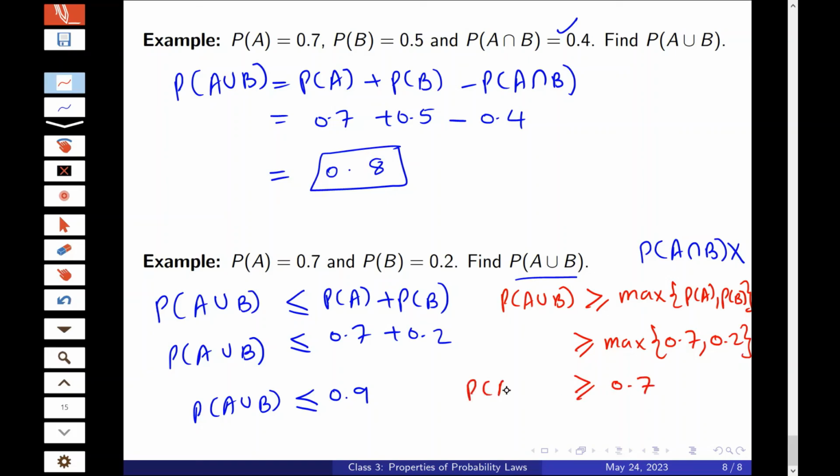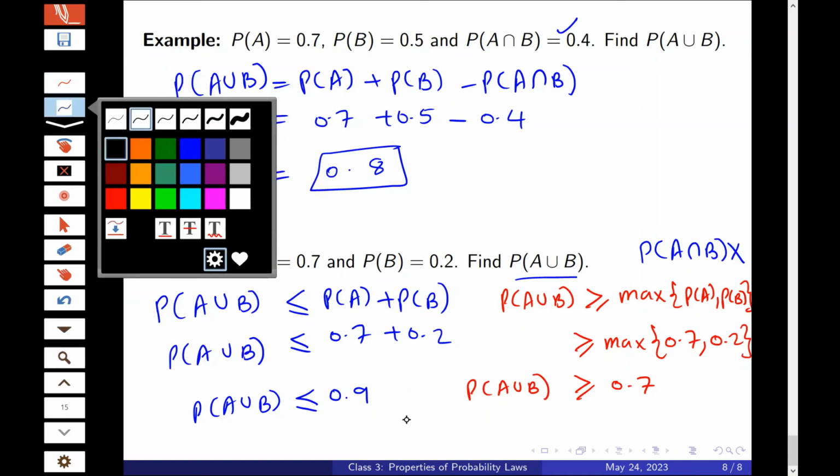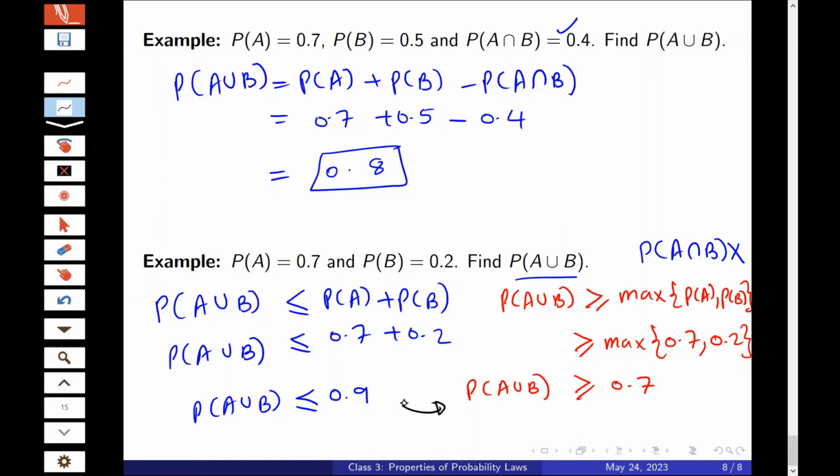So that means the probability of A union B is going to be greater than or equal to 0.7. Now combining these two, we can say the probability of A union B must be between 0.7 and 0.9. This is the lower limit and this is the upper limit.